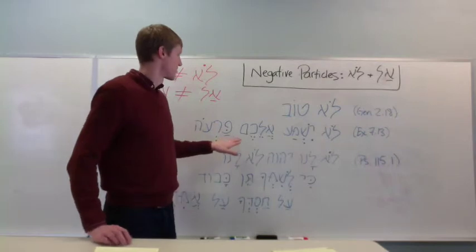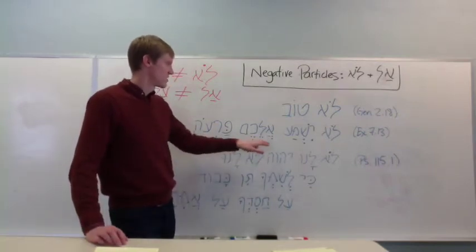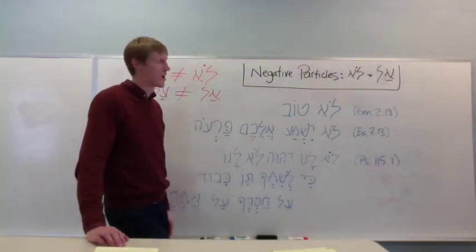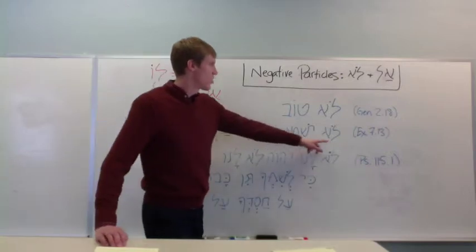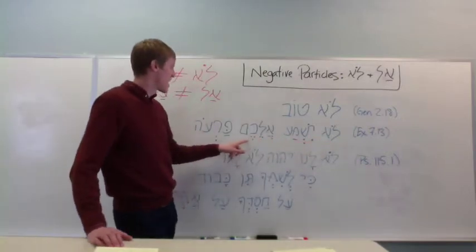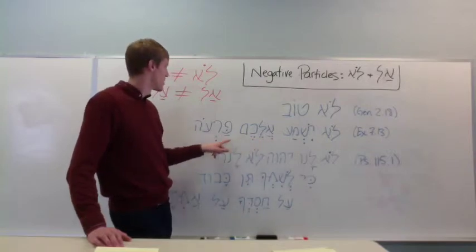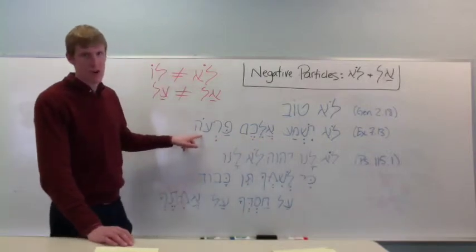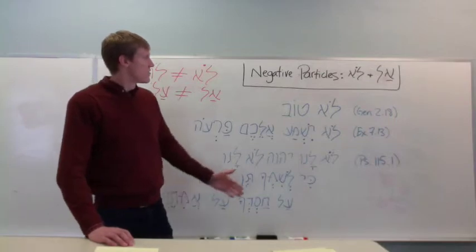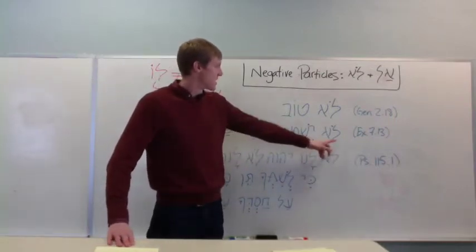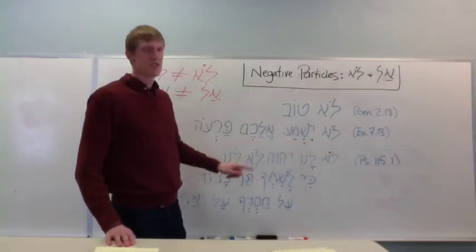Here, because of the addition of the suffix, it takes a composite shva vowel. Lo yishma alechem, to them, Paro, Pharaoh. Pharaoh did not listen to them.